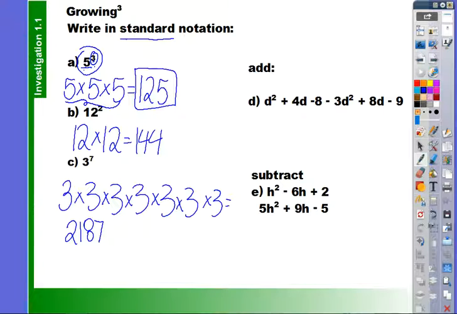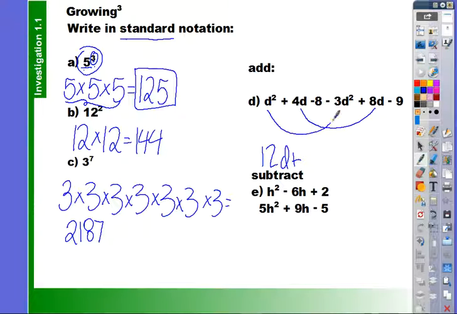Okay, so for D, it tells us to add the equation it gives us. Because it has variables in it, we do not know what D is, so we cannot add it fully. So we can add what's the same. So 4D plus 8D equals 12D. And then we can also do D to the power of 2 and negative 3D to the power of 2.